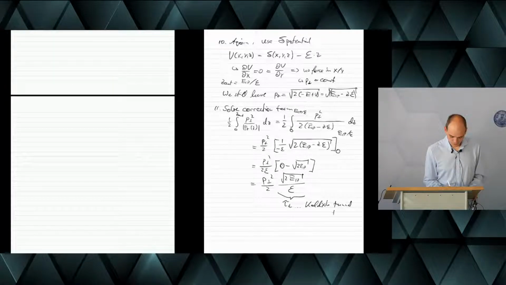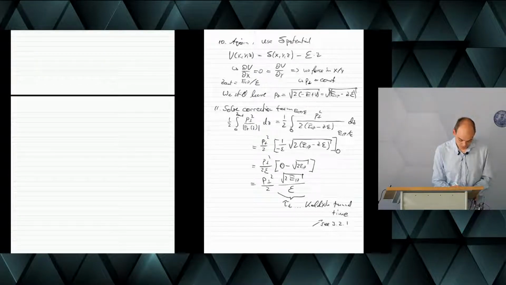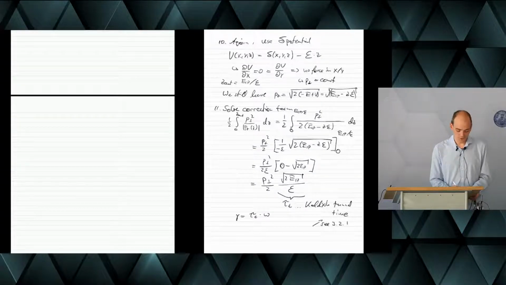I call this the Keldysh tunnel time. If you want to look it up, it's 3.21. It's related to the Keldysh parameter, by the way, by gamma equals this tunnel time times frequency.